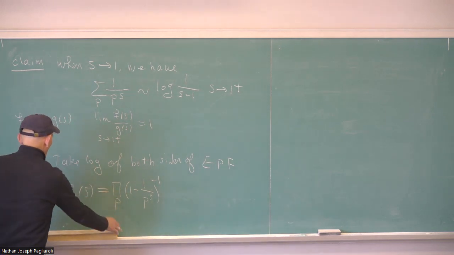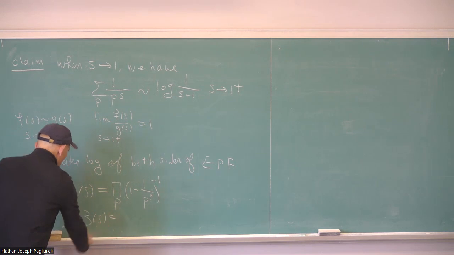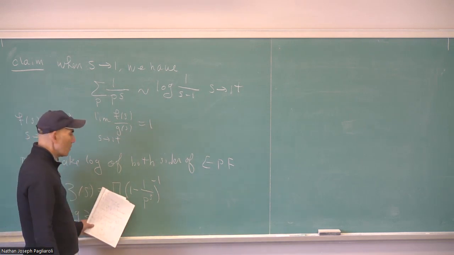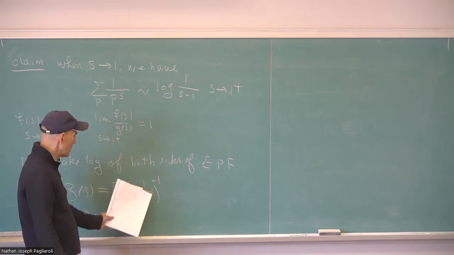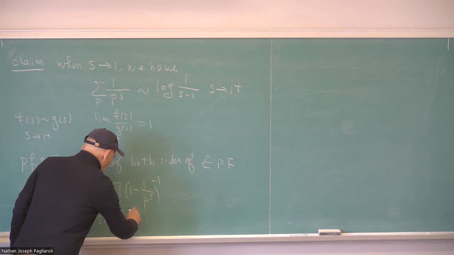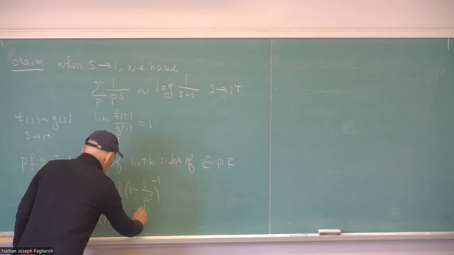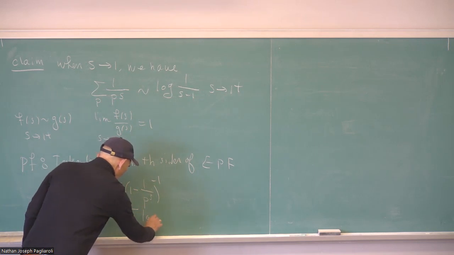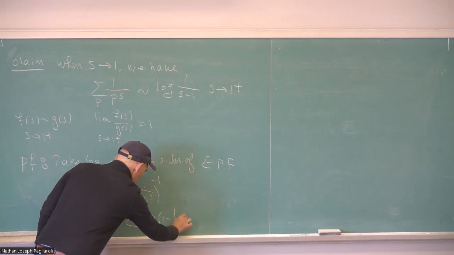If I take the log of both sides, then you get log of zeta of s is equal to the log of these things on the right hand side, but there's a negative sign that comes in front, so this is minus, and the log of a product is a sum of logs. So the sum over p of log of 1 minus 1 over p^s.